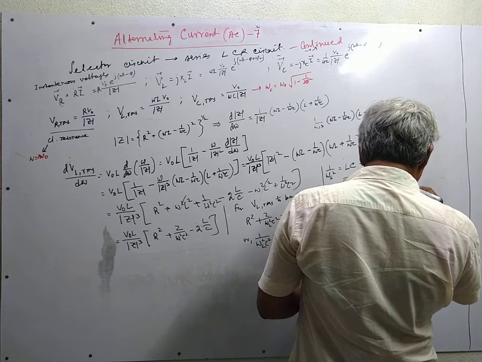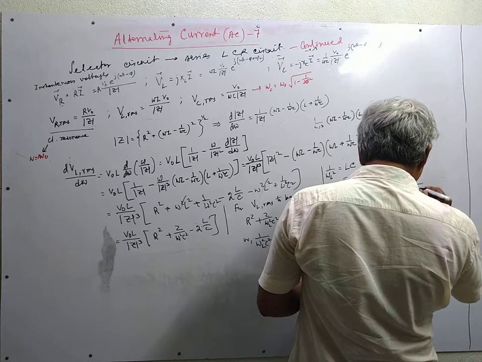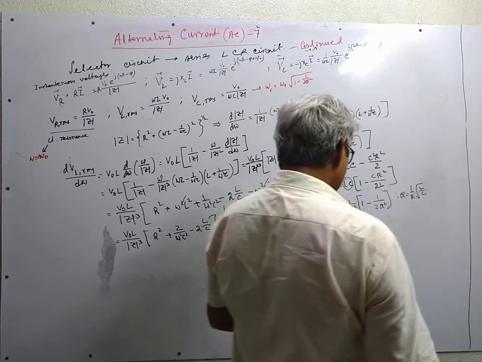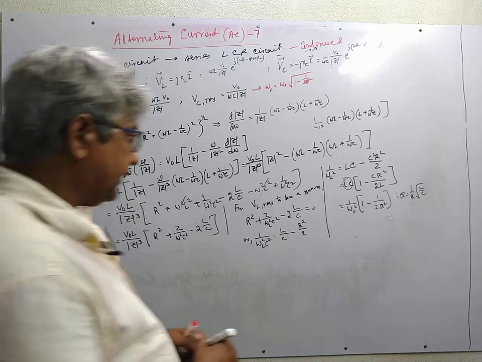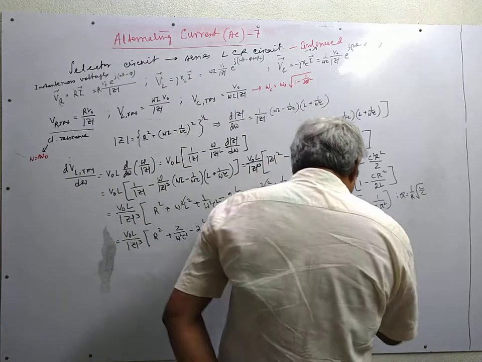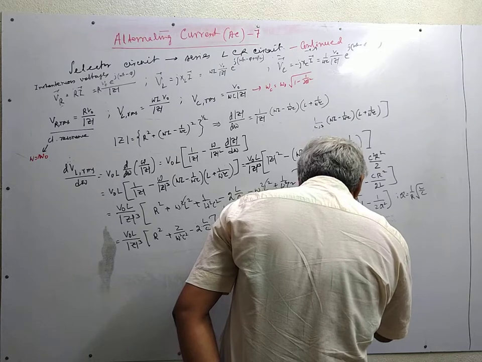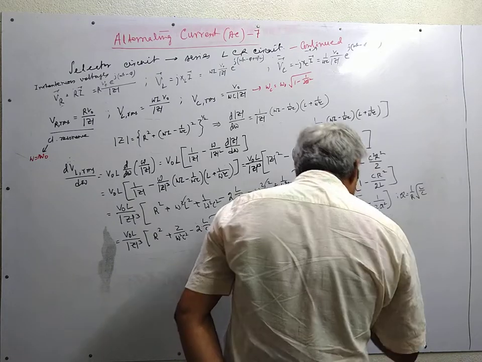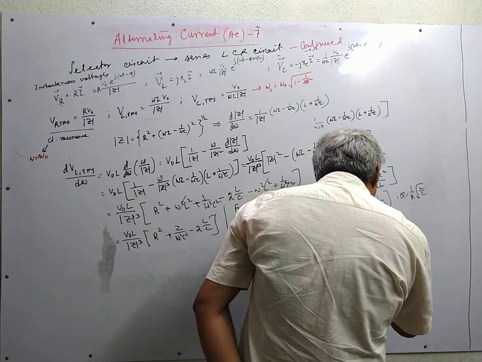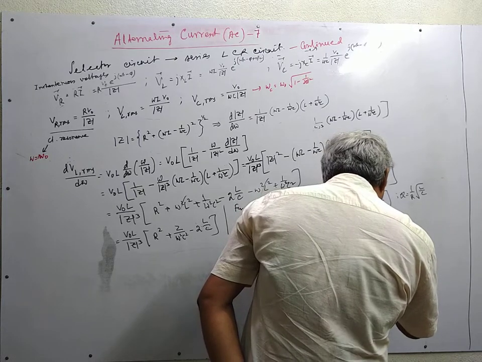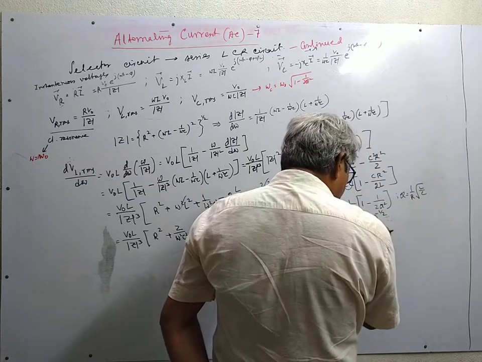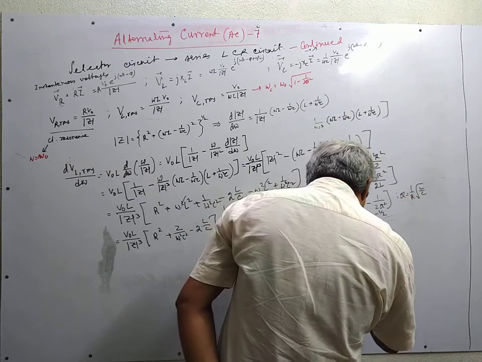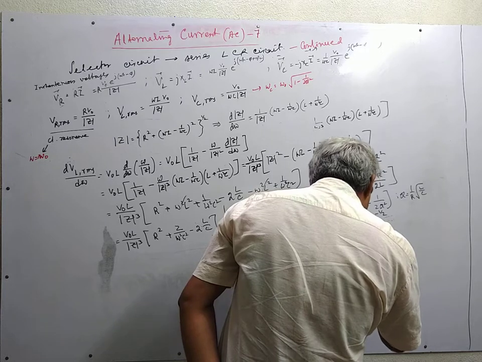as Q is equal to 1 by R root over L by C. So this is, we can approximate at omega L is equal to omega 0 times 1 minus 1 by 2Q square to the power minus half, if we consider Q to be high.